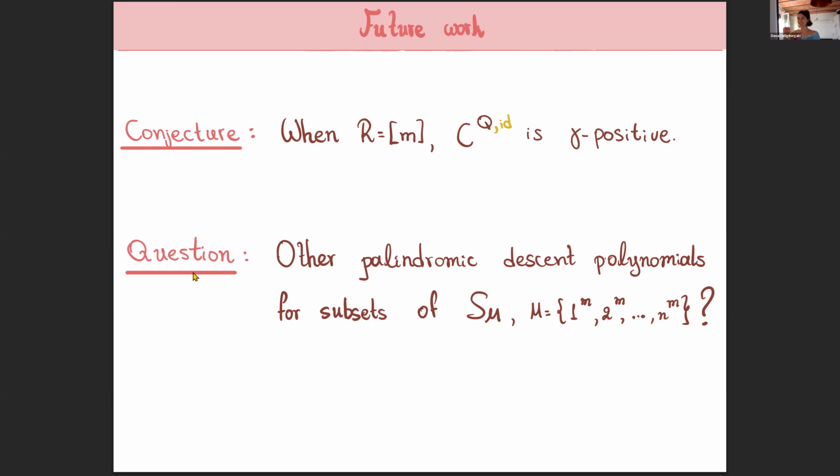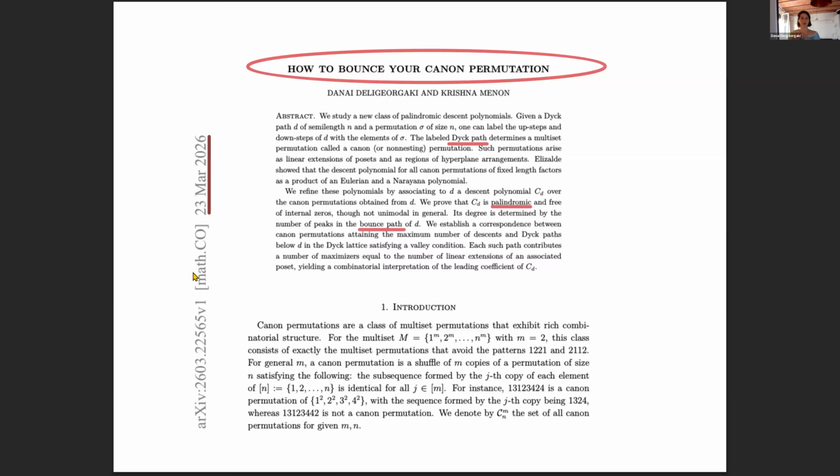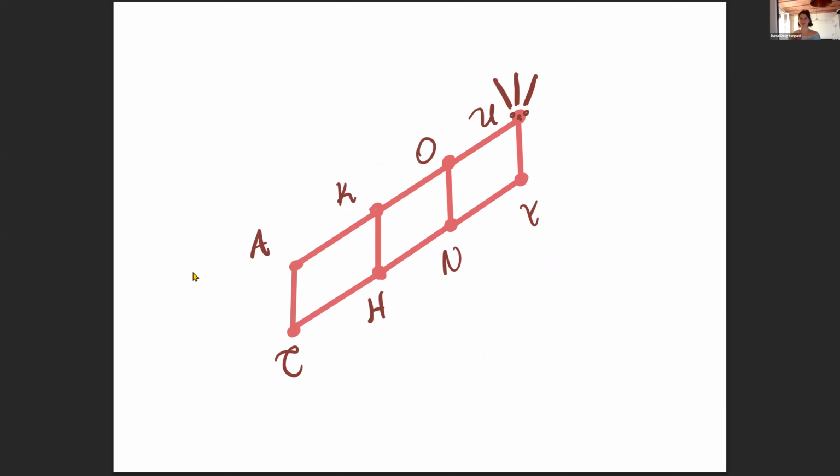For this, I wanted to advertise our preprint with Chris Monen, where we look at this for the case where m is equal to 2. In that case, linear extensions of this product of chains poset are just paths. We're able to say some things about the descent polynomial there, but it's not known what happens for larger m. And with that, I would like to thank you for your attention.